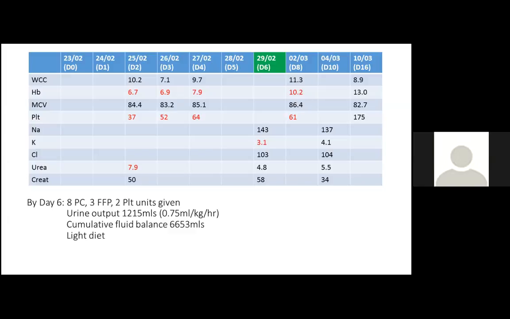But there's another simpler classification score that you can use, which is known as the ABC, which stands for assessment of blood consumption. This one you can use when your patient comes in, and it has 4 parameters, each scored a mark of 1. It consists of a patient who comes with a systolic blood pressure of less than 90, a patient who comes with a pulse of greater than 120, and a patient with a penetrating injury.